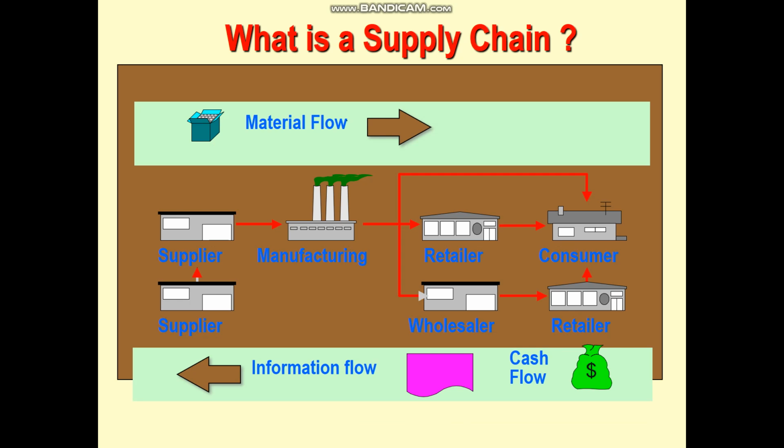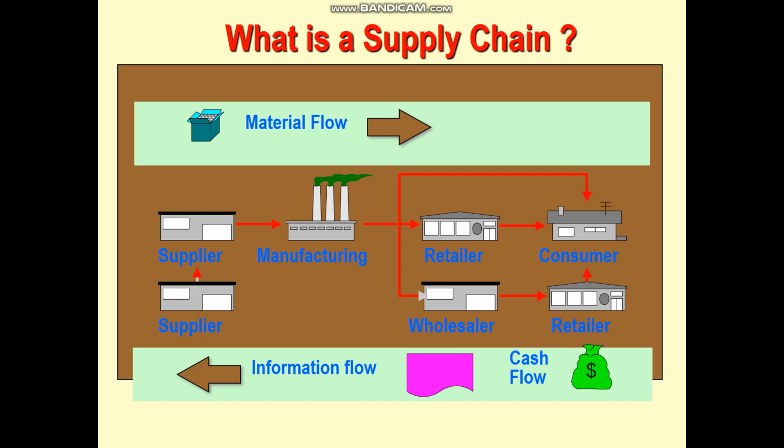And here you can see the chain from supplier to customer. Let's go back to the example where I cook the fish and tomato sauce, but I'm not cooking at home, I'm cooking in a restaurant. So I have to buy the raw materials like tomato, fish, and oil from the supplier, right?